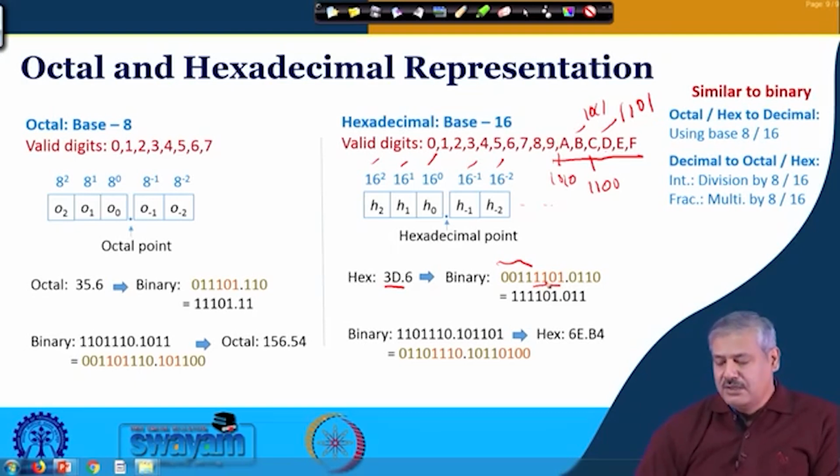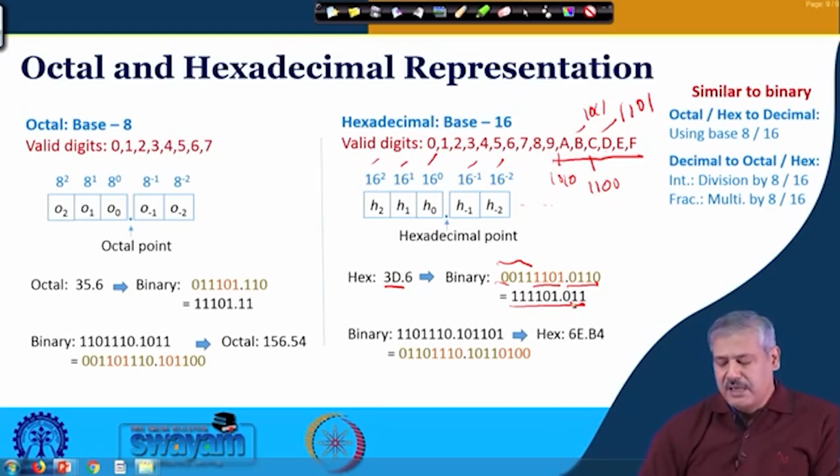Then 6 is 0 1 1 0 in 4 binary digits. So again, the leading zeros and trailing zeros before and after the binary point you ignore.